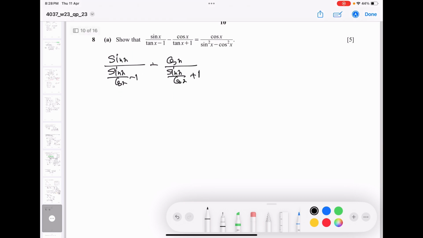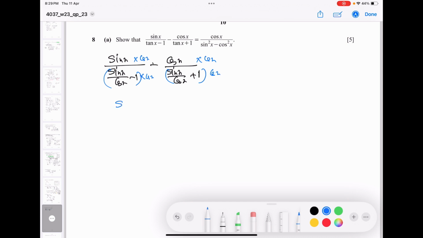Let me multiply numerator by cos x whole fraction, and this is also cos x, and it is very efficient. You can do it so quickly.